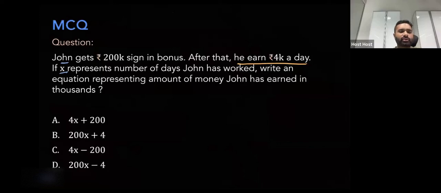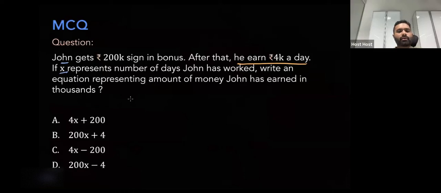So it will be very easy to see that if X represents the number of days John has worked, as X increases, the money John is earning is increasing by 4,000 every day. And there is a certain sign-in bonus that he receives on the day he is joining, which is 2 lakh rupees.